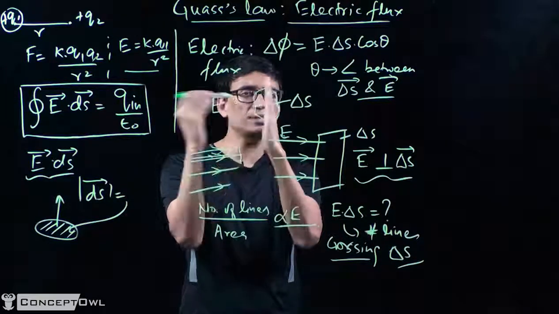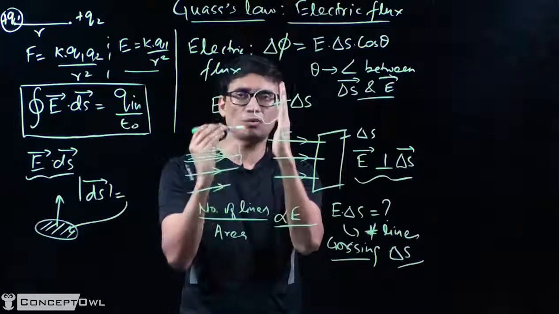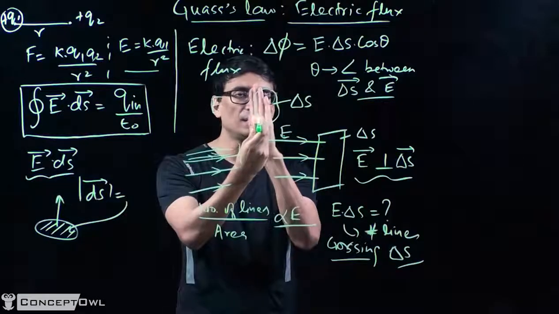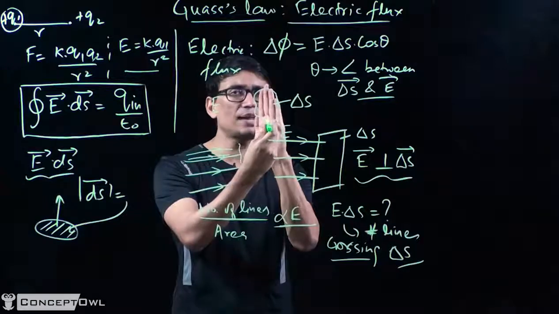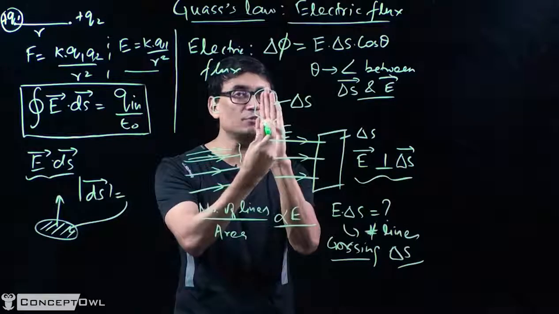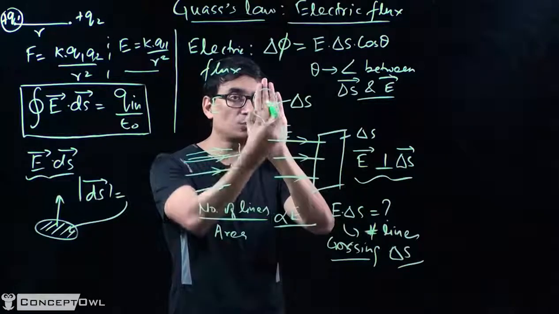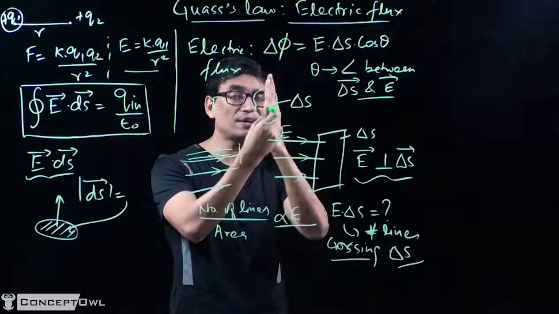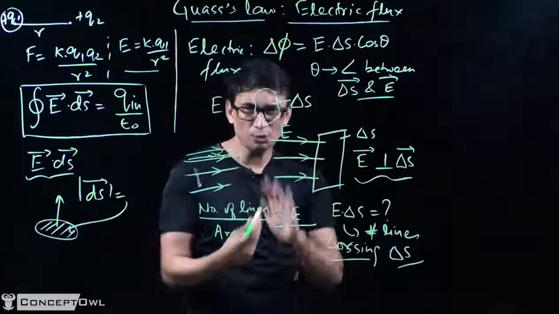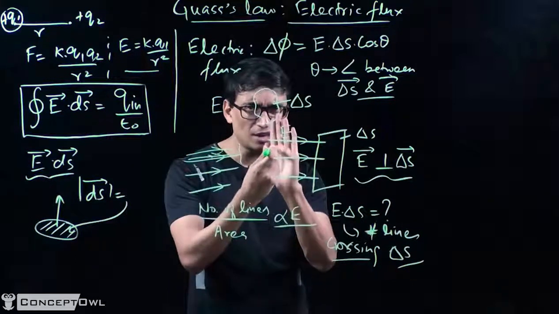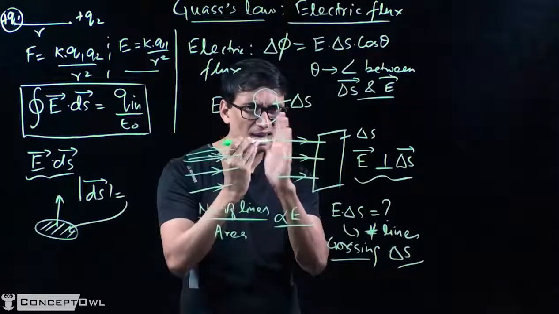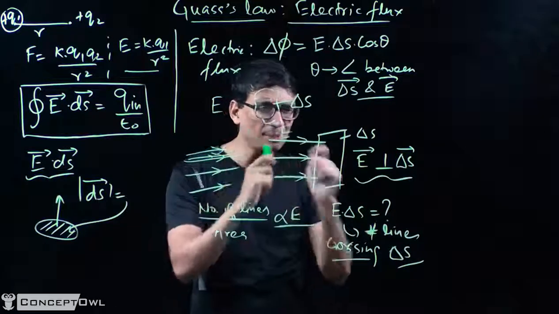Are there any lines passing through my area? No, it's now 0. If I have it at 45 degrees, then lines are passing, but the number has gone down. The number of lines passing through would be the highest, then less, and finally it becomes 0. So the angle between the electric field and the area vector has something to do with this.